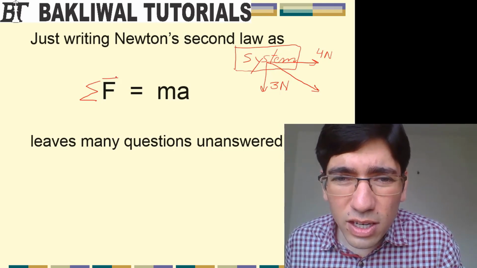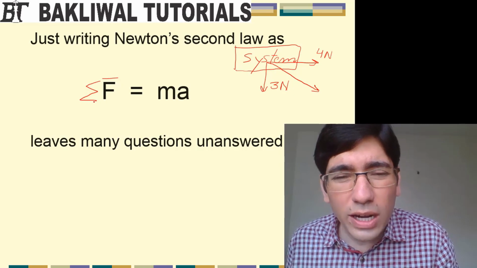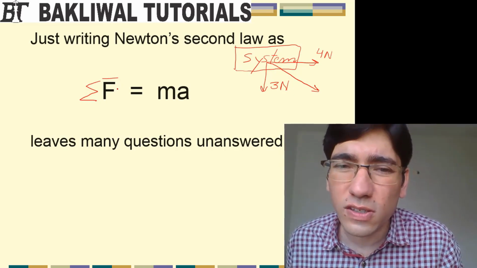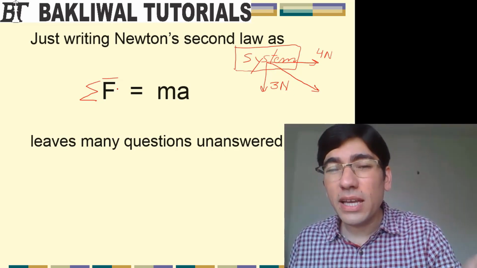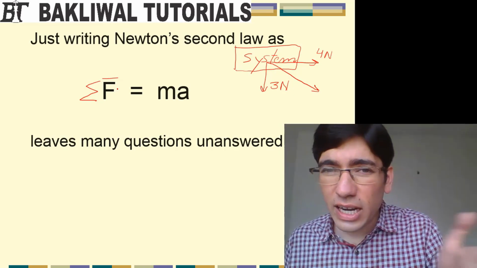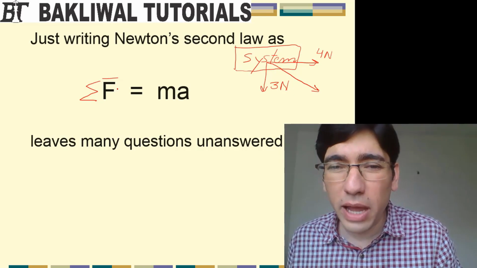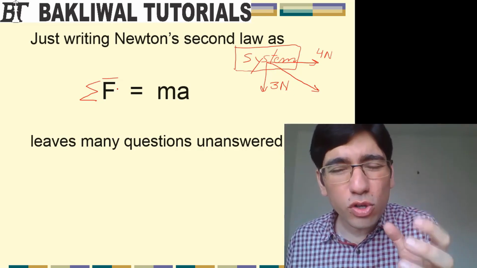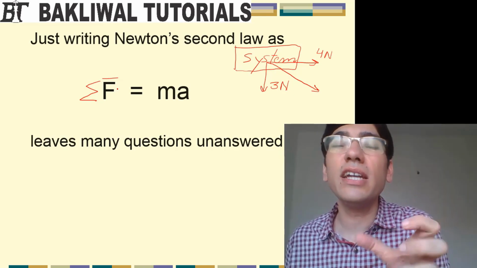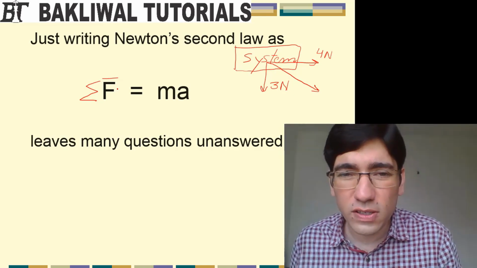It represents it being a vector, and we have to do vector addition of all the forces acting on the system. This is one application, by the way, of the vector addition which you had learned few lectures back. The net effective resultant force on a system is the vector addition of all the forces acting on the system.